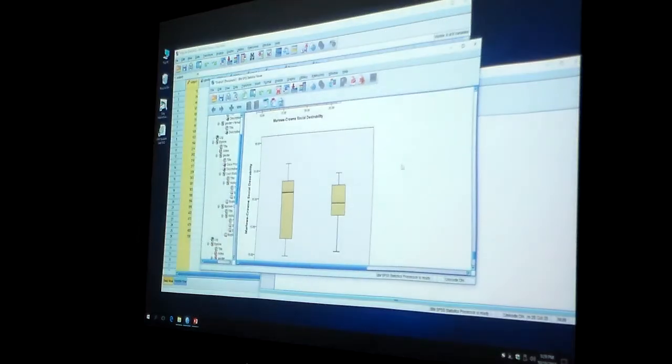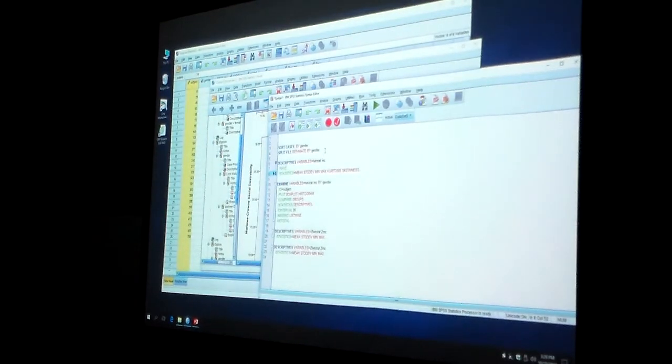Because when I created my Z-scores, I had the file split. So SPSS is calculating Z-scores for men based on the mean values for men, and Z-scores for women based on the mean value for women.